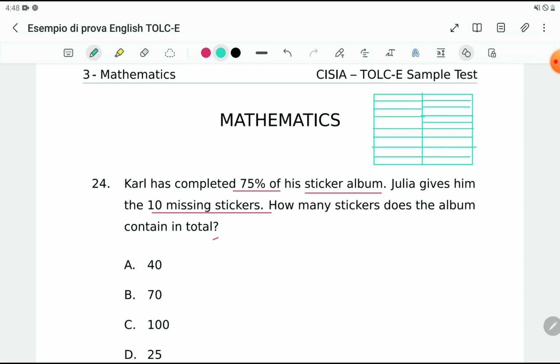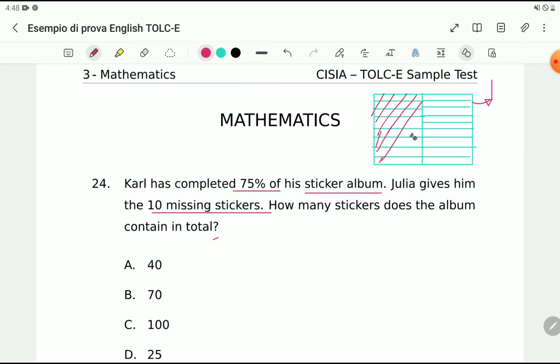According to the question, 75% of his sticker album is already completed. That means he attached stickers to 75% of it. So the total number, let's consider x, the whole box, and he completed 75%.